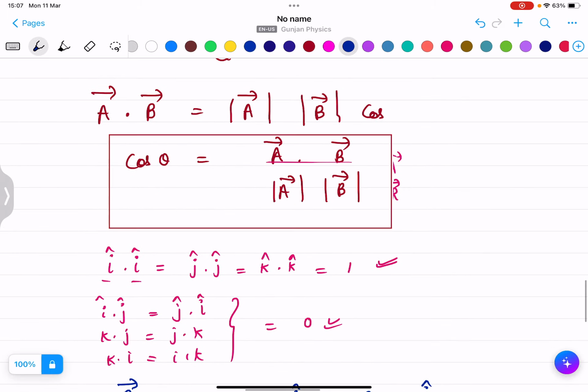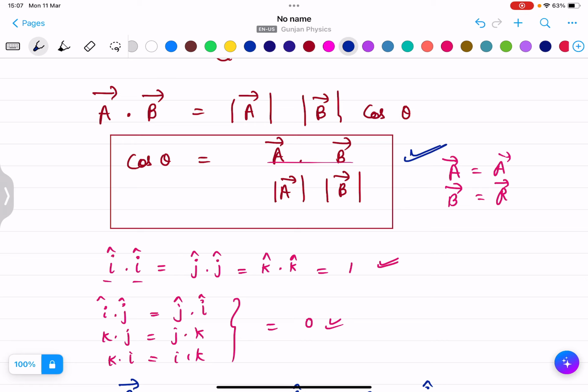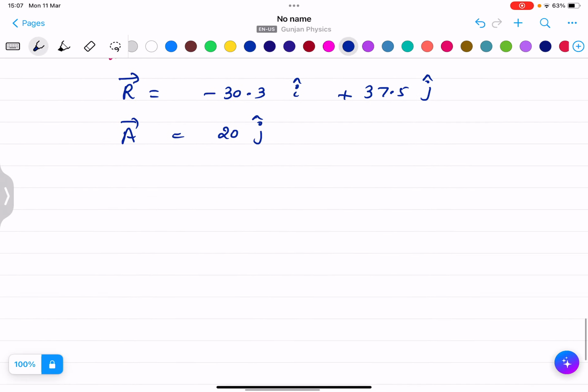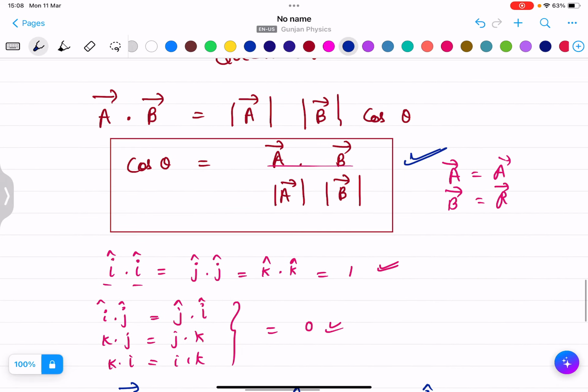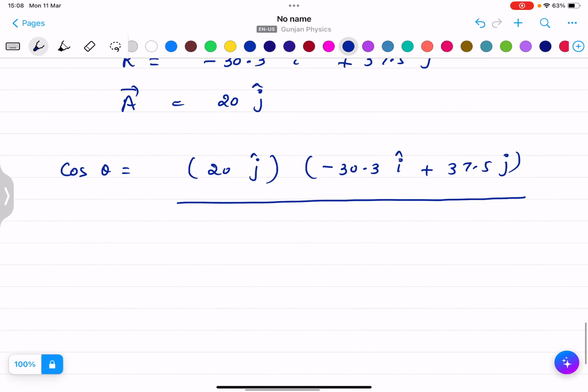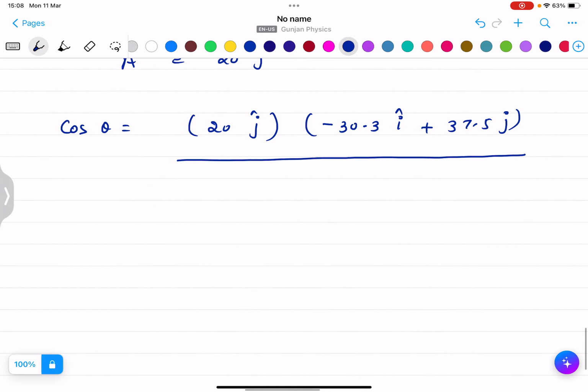So using this formula, cos theta equals A vector multiplied by B vector, that is 20j dot minus 30.3i plus 37.5j, divided by the magnitude of A and the magnitude of B. The magnitude of A is 20, and the magnitude of B, that means the resultant vector, is 48.2.